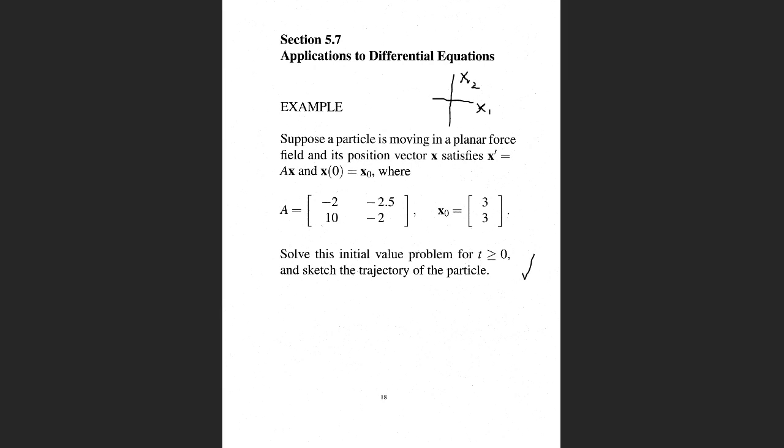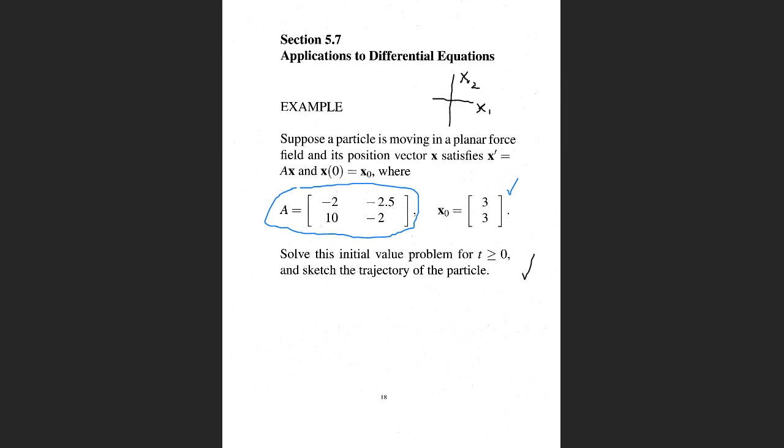All right. So you notice what I did here: the two differential equations, I didn't write them out, but the fact that you know the matrix A means you know what the two differential equations are: dx1 dt, dx2 dt. Initially, our particle is going to start at 3,3.